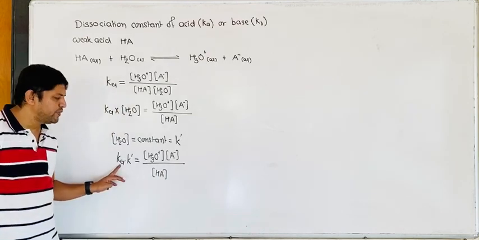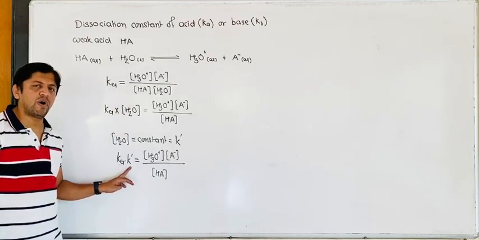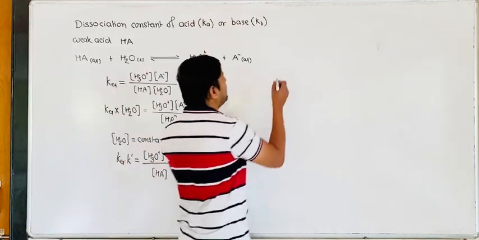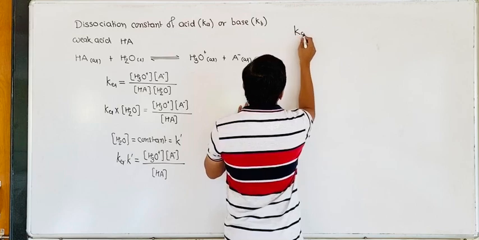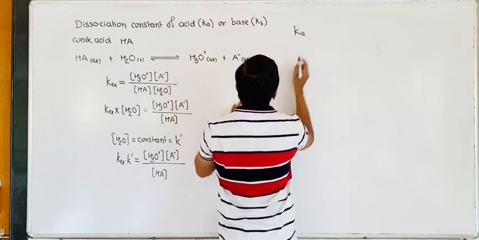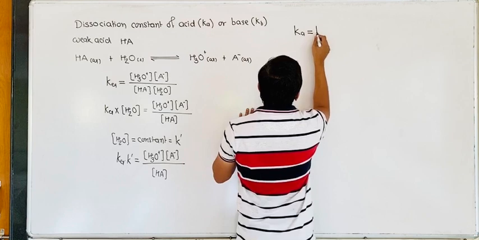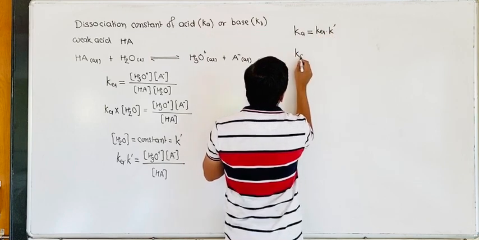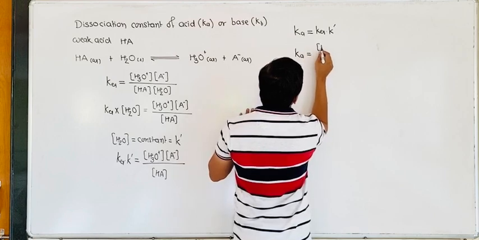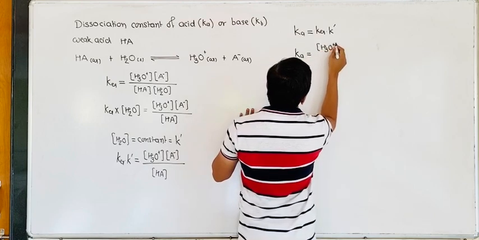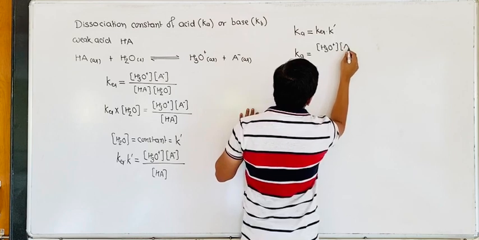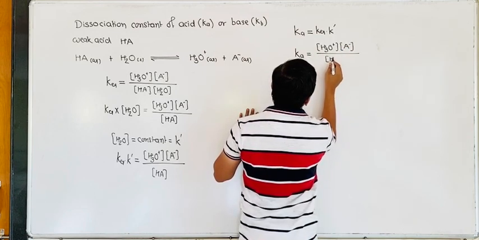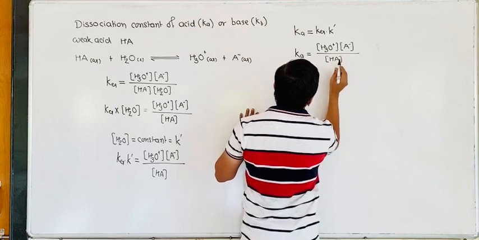And this K equilibrium, which is a constant, and K dash, which is also constant, these two are replaced by new constant Ka, dissociation constant of acid. Ka is new constant which represents K equilibrium into K dash. So Ka can be written as concentration of H3O+ at equilibrium into concentration of A minus at equilibrium divided by concentration of HA at equilibrium.